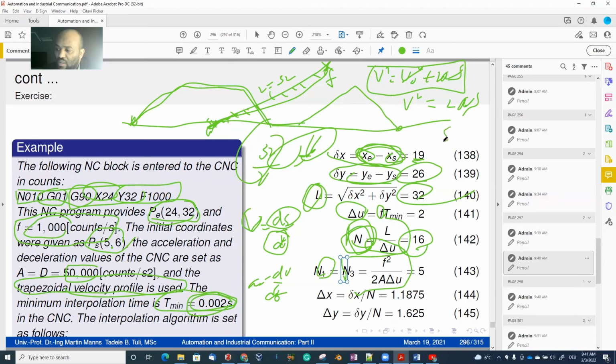So distance equals v square over 2s. But not only this, this distance also has to decide the number of pointers. For this number of pointers, we know that n should be L over delta u. And then from that, you have to try out different options.